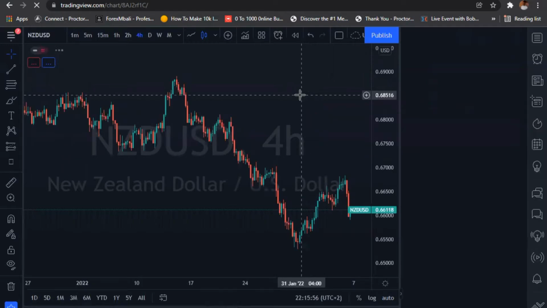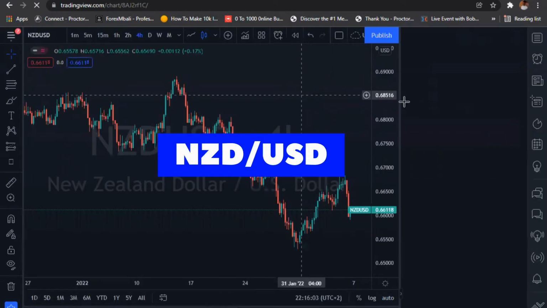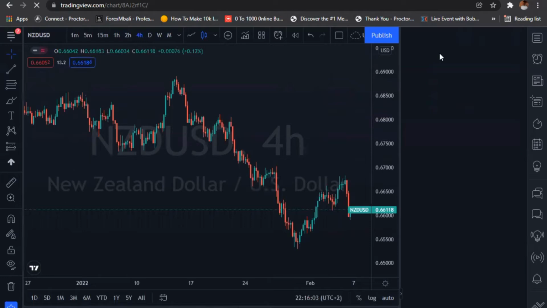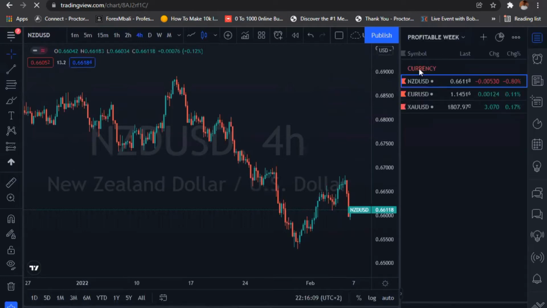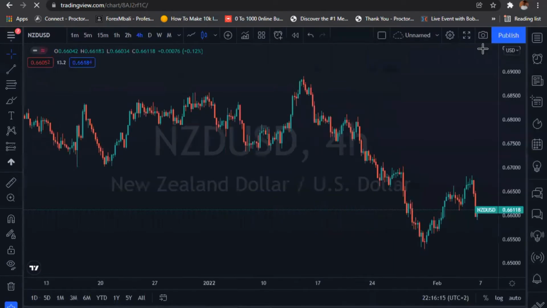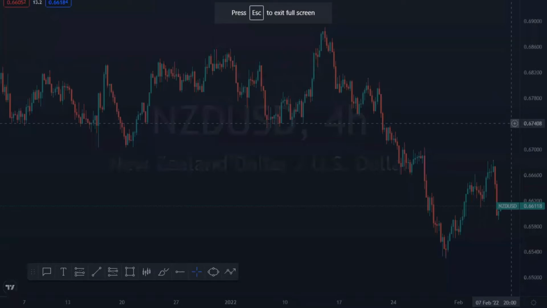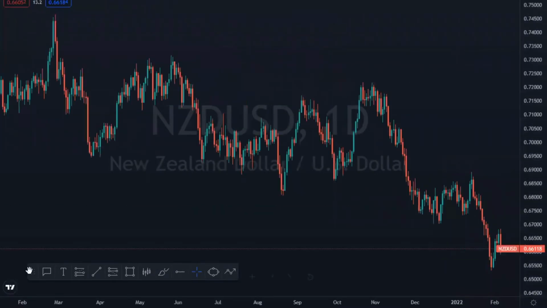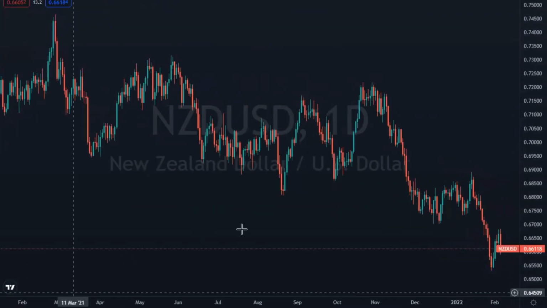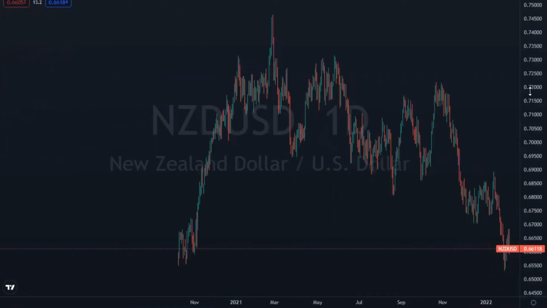Okay, the first pair that we are starting with is NZD USD.